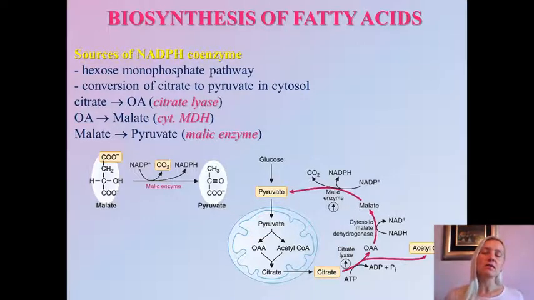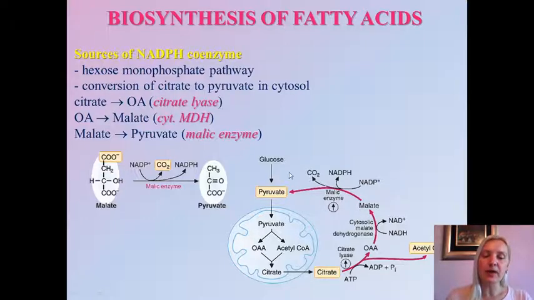But also at the time, I mentioned that NADPH can be synthesized in some other tissues, in some other metabolic pathways, in order to provide NADPH for reductive biosynthesis, and this is one of these alternative pathways. So NADPH can be obtained during the conversion of citrate to pyruvate in cytosol.